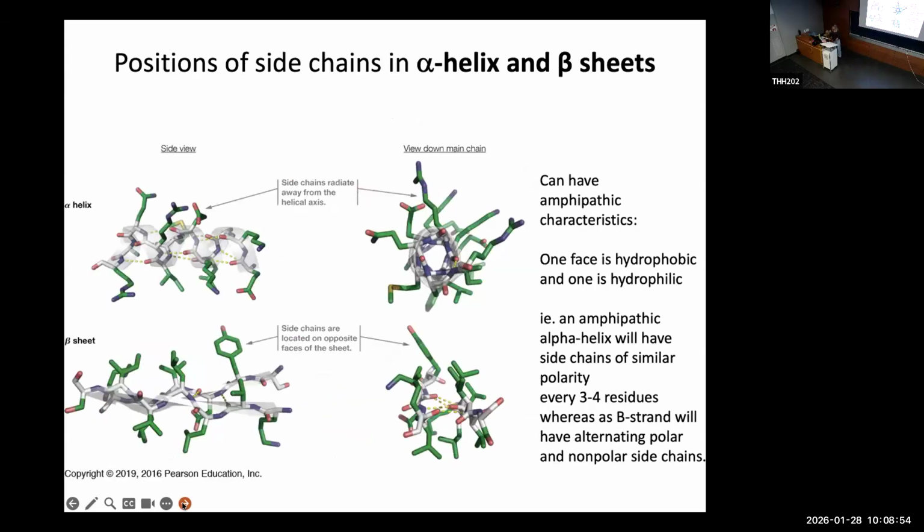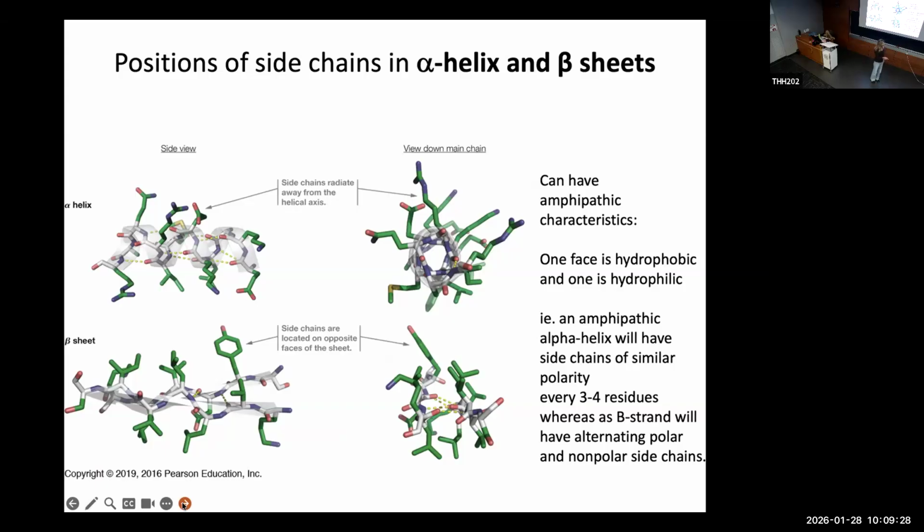So this is a look at both the alpha helix and beta sheets in a different orientation. You can see the backbone and then the side chains. We were looking at an alpha helix as an up-and-down structure. If it's laying on its side, you can see the side chains projecting out from it. And this is a top-down view. You can see the side chains projecting all around the alpha helix.